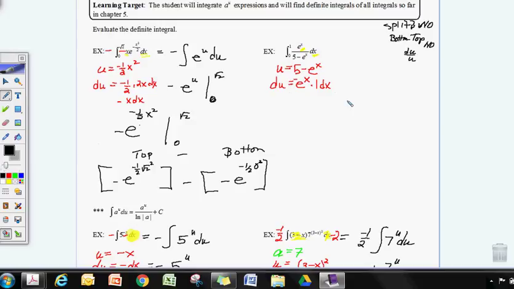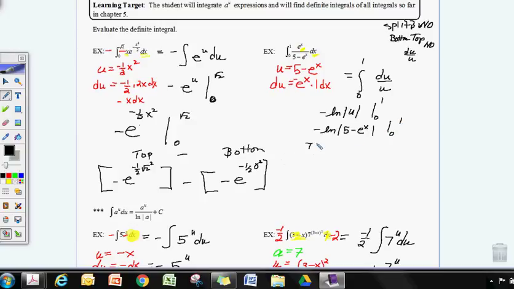So now I can rewrite this integral from 0 to 1 of du over u, which tells me my answer is going to be negative natural log of u. I wish I could put plus c, but it's going to integrate between 0 and 1. So this becomes the negative natural log of 5 minus e to the x power, integrated from 0 to 1.